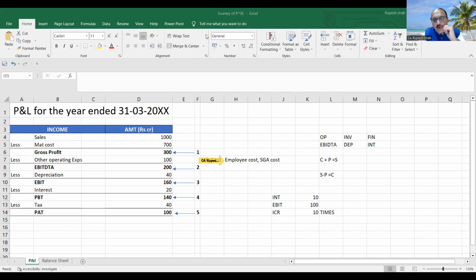So why is this very important? Since you have asked, let us go deep into this. Because many times we think that high debt is bad. We think high debt is bad, but that is one side of the coin.